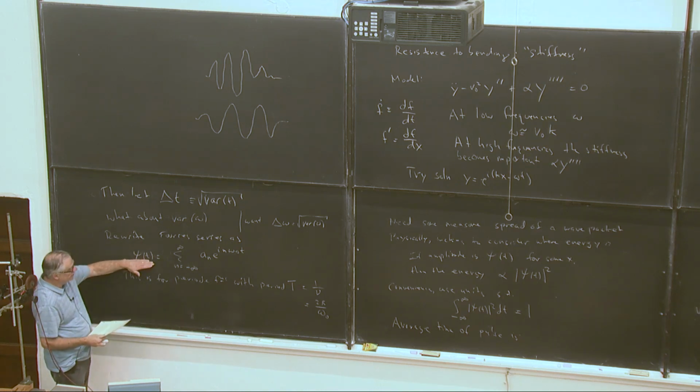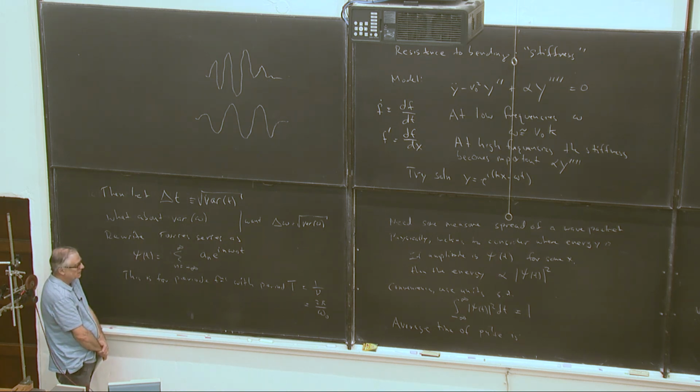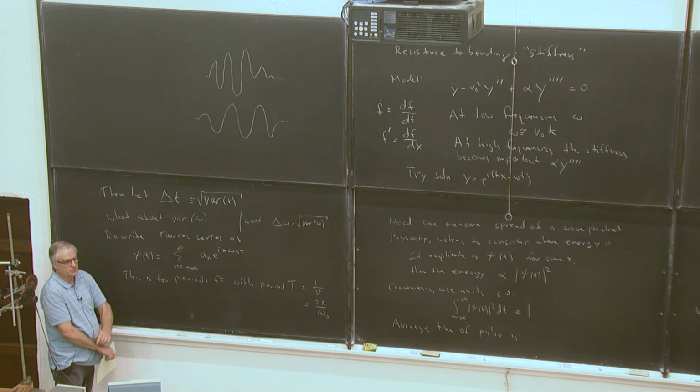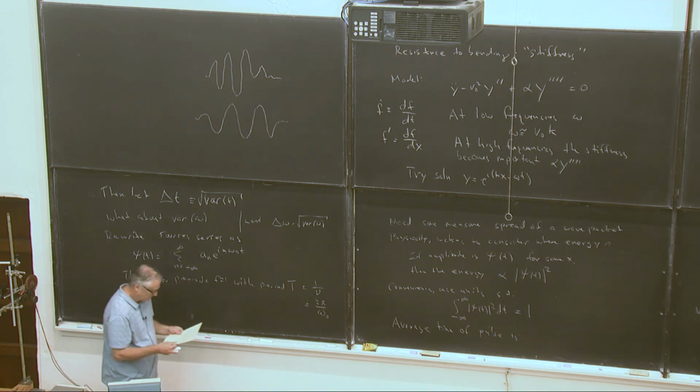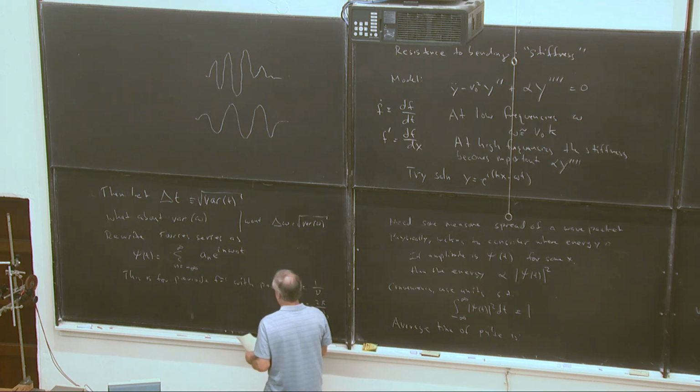So this function is periodic with period t equals 2 pi over omega naught. And I said I don't want a periodic function, so I want to let t go off to infinity here. I want to take the limit of this as t goes to infinity. So let's start that process.